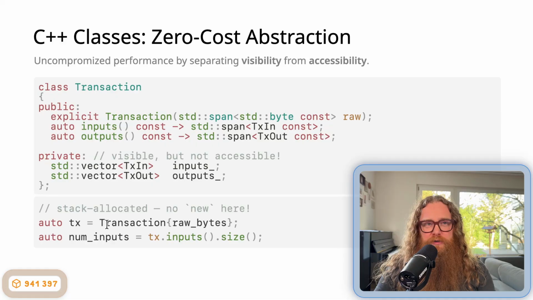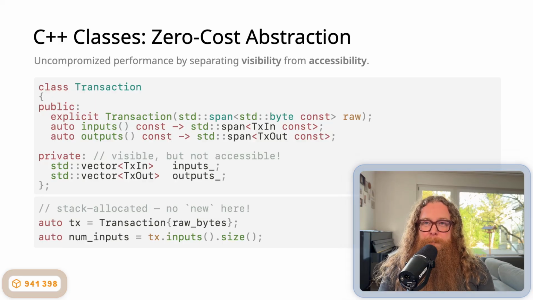They simply create a transaction by passing the raw bytes in the constructor, and put an object on the stack. So there's no new keyword here. If this was created with the new keyword, then it would be allocated on the heap. That would defeat the complete purpose.